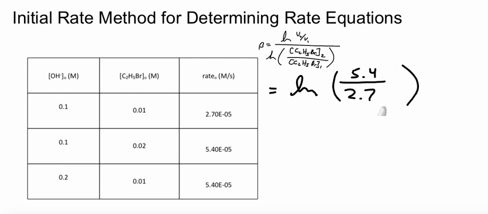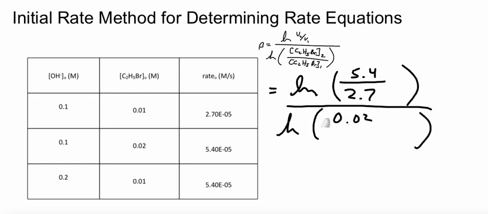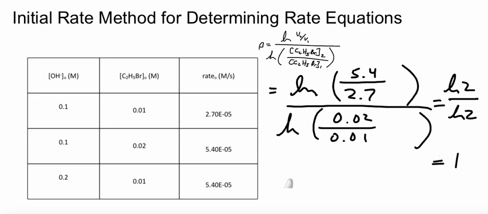So we can just write this as 5.4 divided by 2.7, divided by the log of the ratio of the concentrations, and for those same two experiments we've got 0.02 divided by 0.01. And so we can see this is the log of 2 divided by the log of 2. And of course, that's equal to 1. So beta is equal to 1.